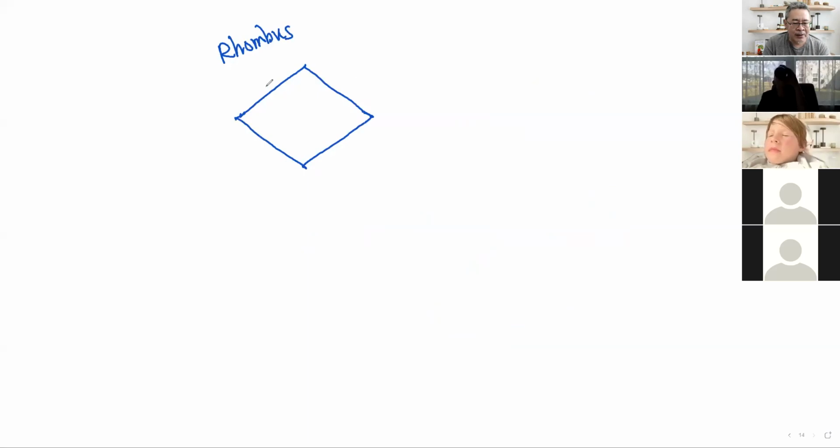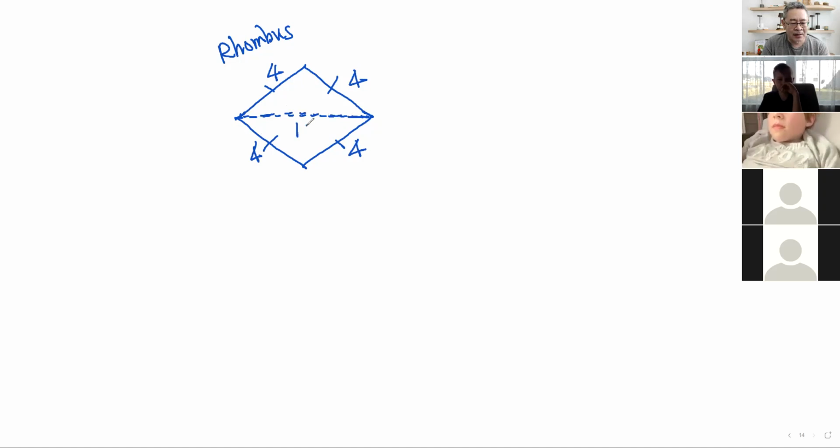And we know that all the sides are the same, but the angles are not right angles. So basically we're making this. If we know this is 4 on each side, and we know this diagonal is say 10, how do we figure out the area?